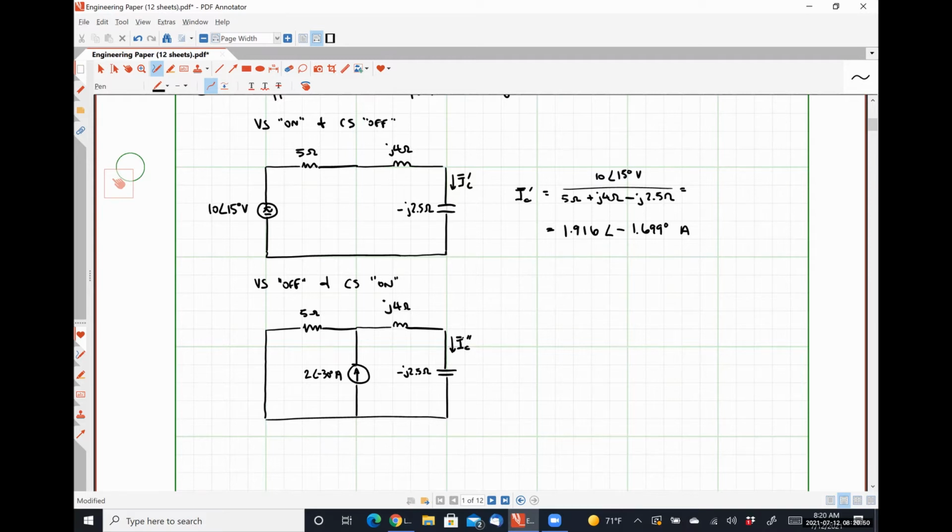And as I mentioned previously, I believe that current division would be the easiest means by which to determine this particular value for IC double prime. So applying current division, we would have IC double prime as 2 angle negative 30 degrees amps.